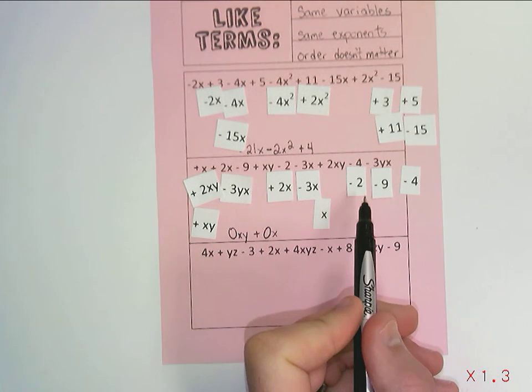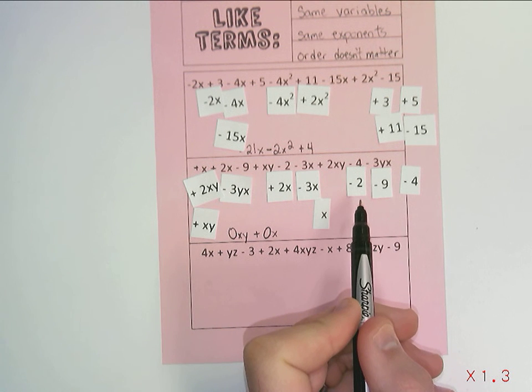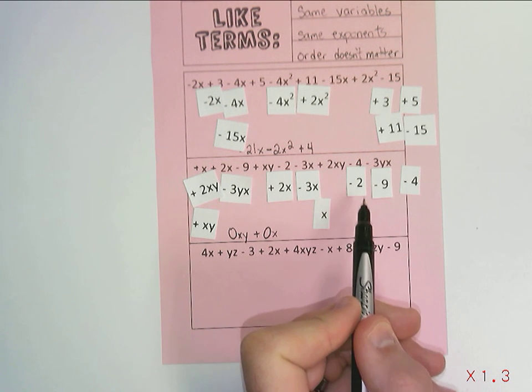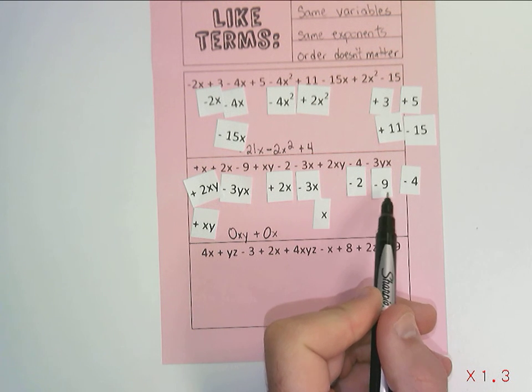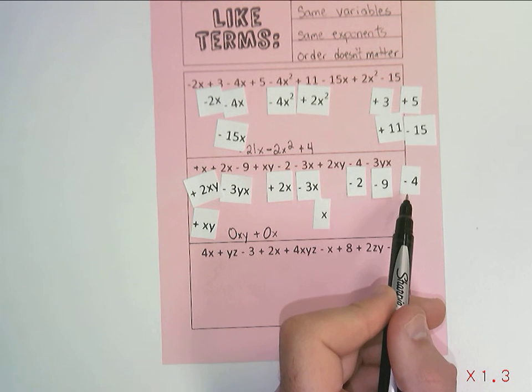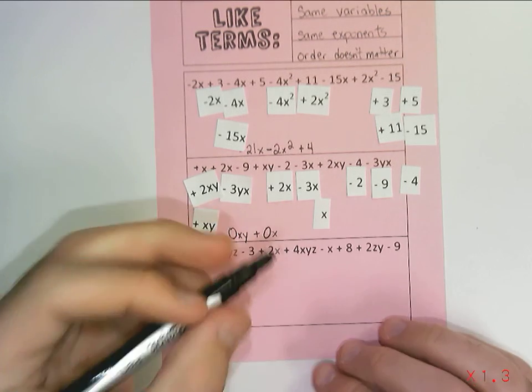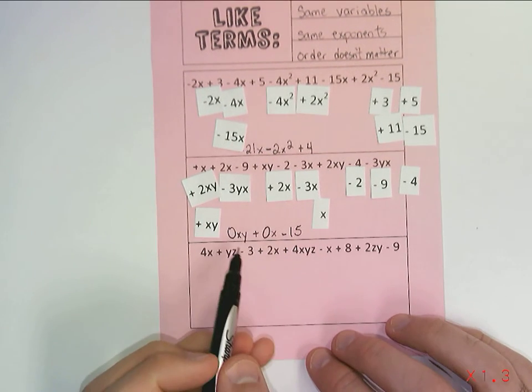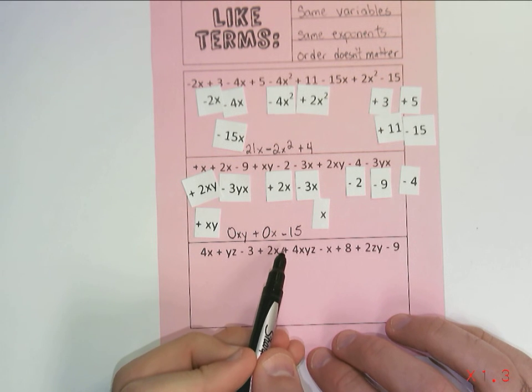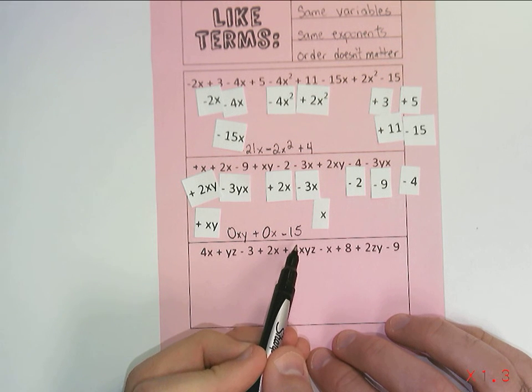And then last but not least, we need to combine our negative constants. So negative 2 plus a negative 9 would be negative 11. Negative 11 plus a negative 4 would give me negative 15. So at the end, I have 0xy plus 0x minus 15.